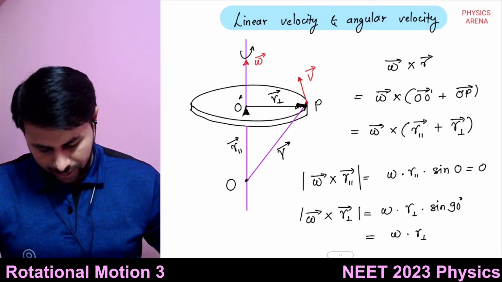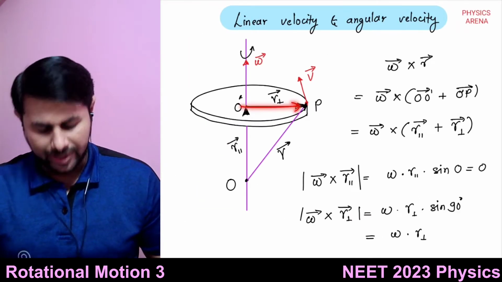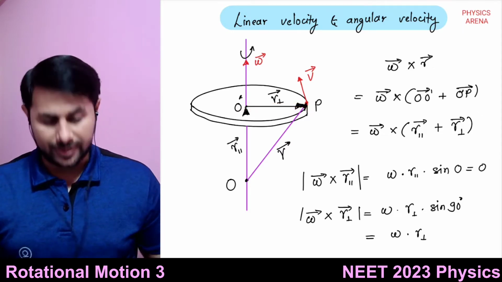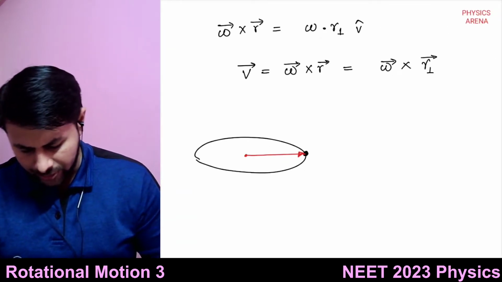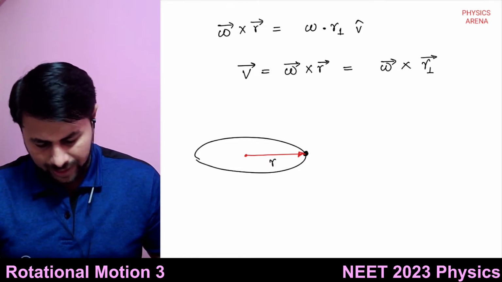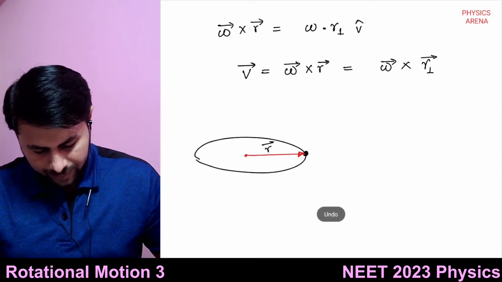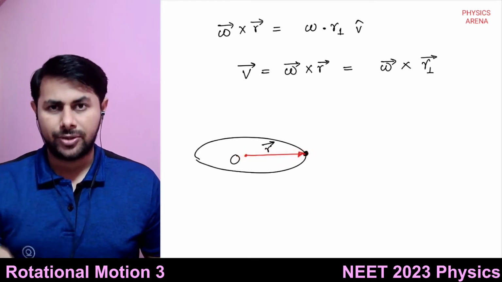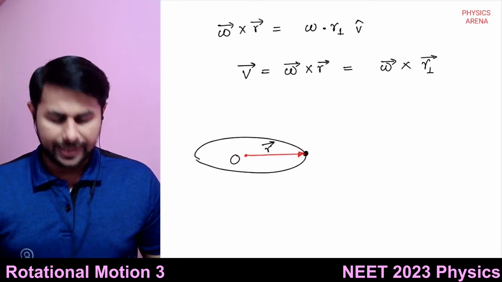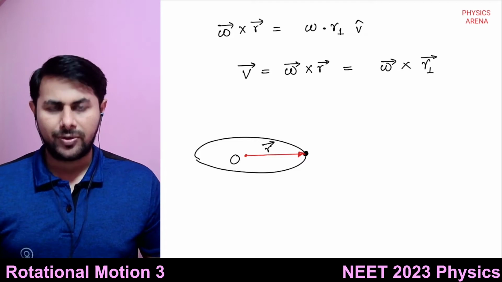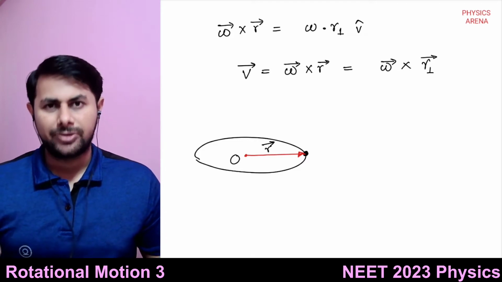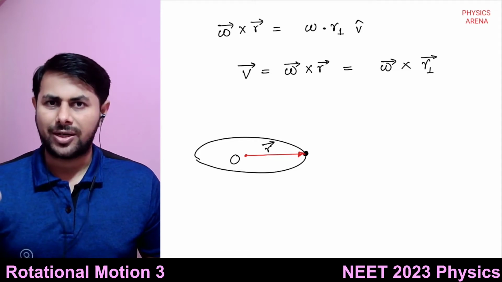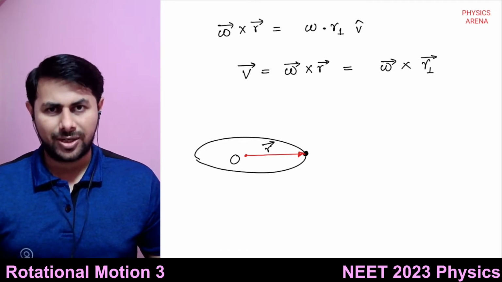So now the vector which was r perpendicular in the previous diagram, I am going to call r bar here, because I am going to measure position with respect to the origin of the circle. So in the case of circular motion only, where we are measuring the position with respect to the center of the circle, the radius vector is your position vector.